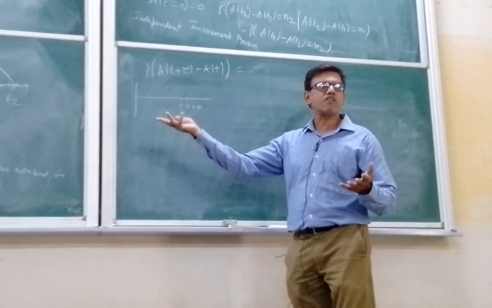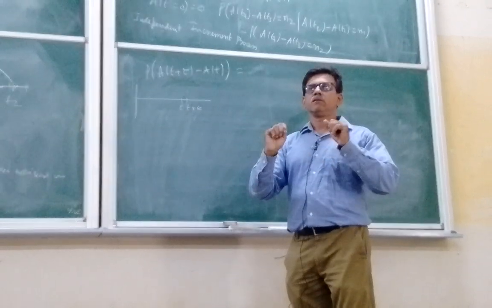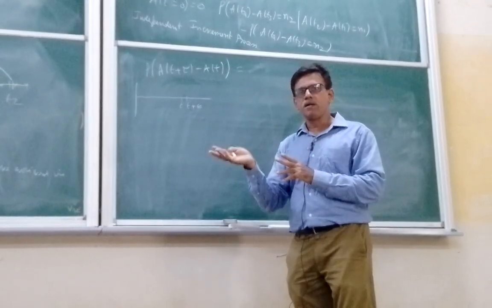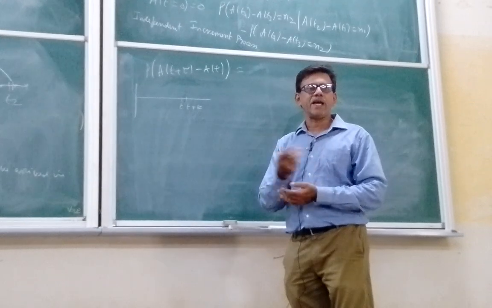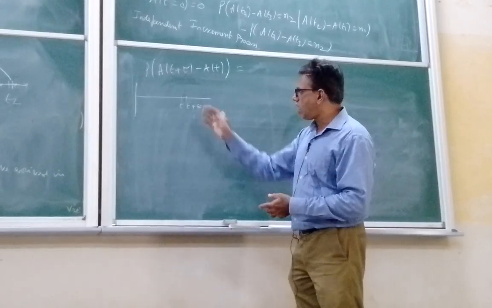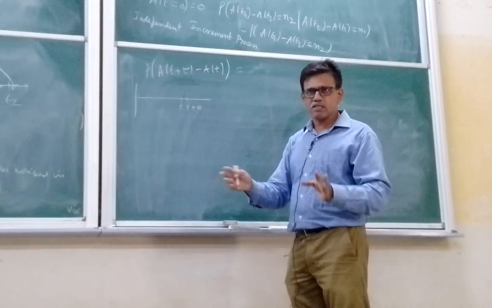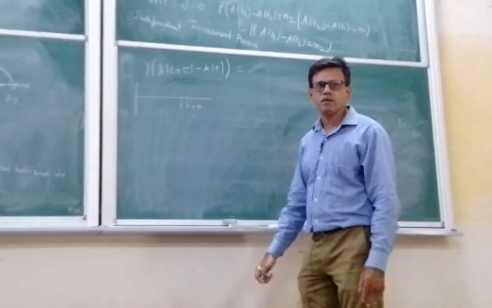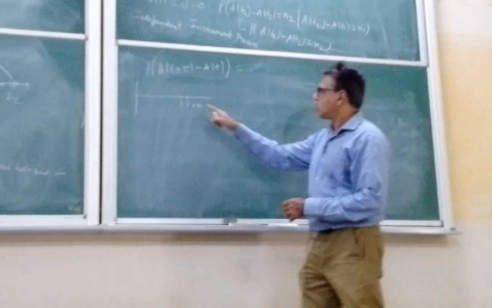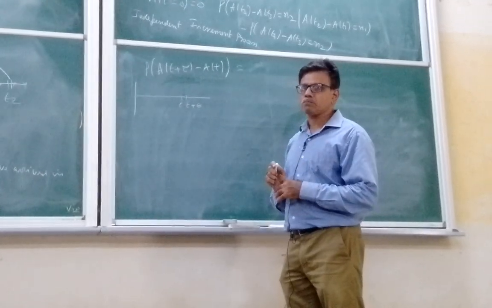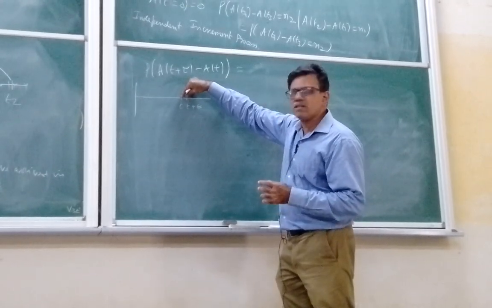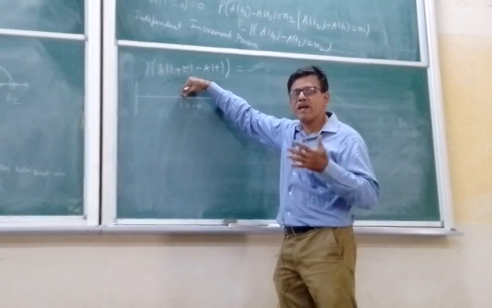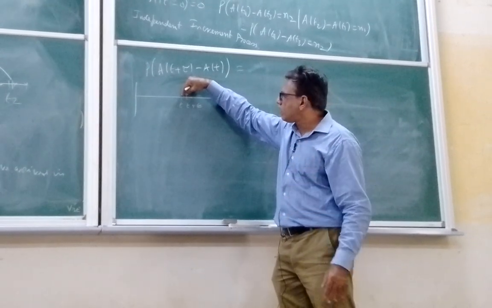It may be an occurrence of an event, maybe a death, a car accident, or a birth, or an arrival of a customer, or a failure of a component. All these can also be viewed this way, so we have to model it. Now the interval size is very small, and only then can we really talk about something.